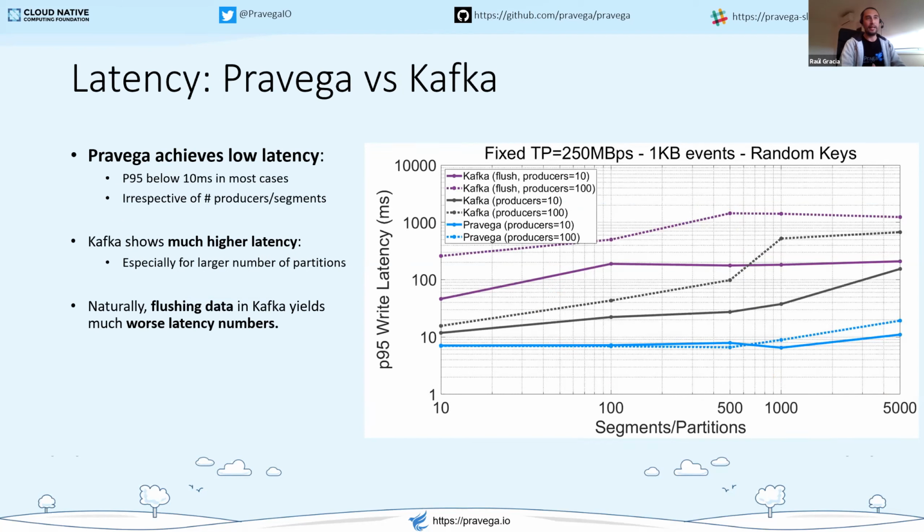And in the case of Pravega, in almost all the cases, perhaps with the exception of the 100 producers and 5,000 segments, we can achieve a single-digit millisecond P95 write latency, which is very interesting. Also to mention that adding durability in Kafka again shows a significant increase in terms of latency.